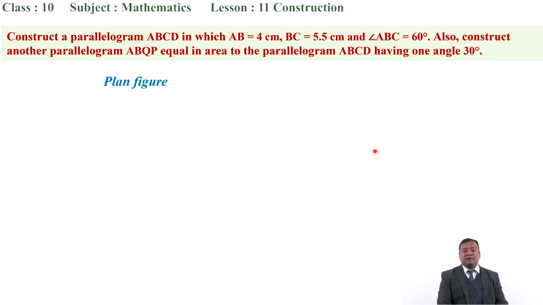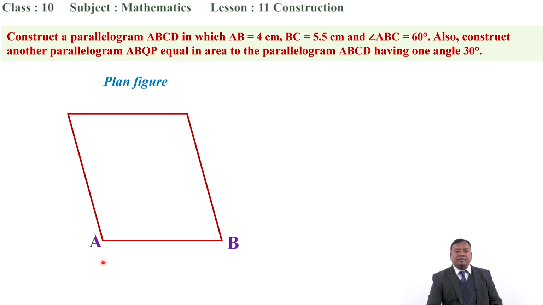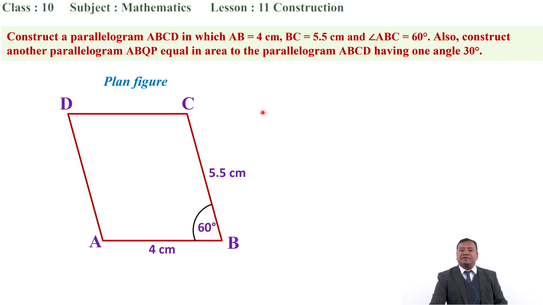For the plan figure, ABCD is a parallelogram in which, according to the given information, AB is 4 cm, that is, one side is 4 cm. Next, BC is 5.5 cm and angle ABC is 60 degrees. First of all, we have to construct parallelogram ABCD according to this information, right?